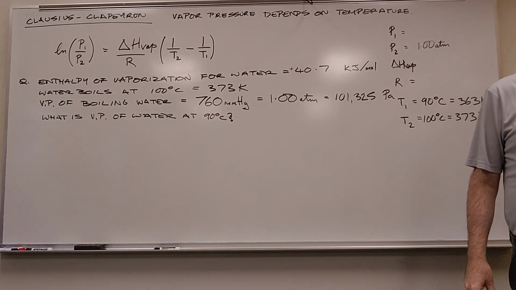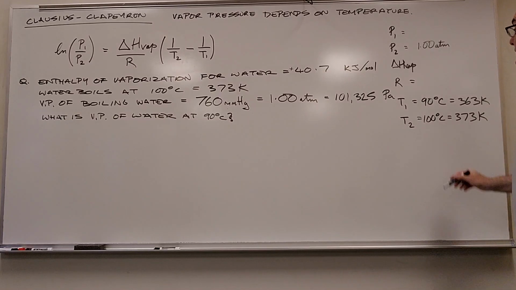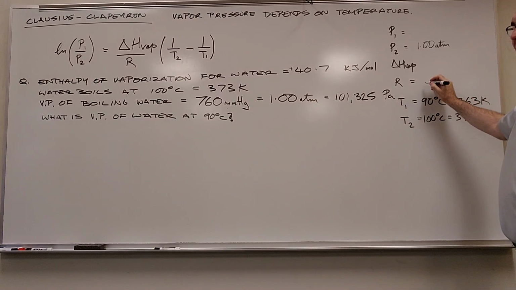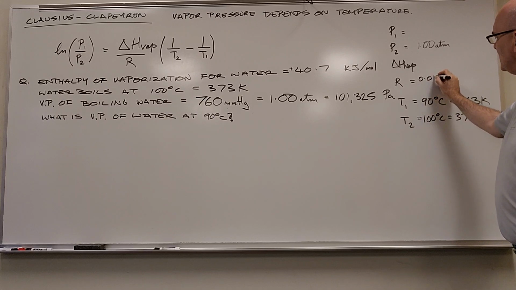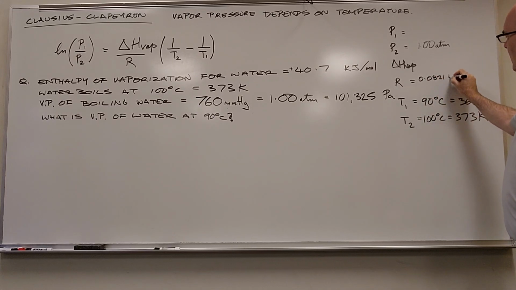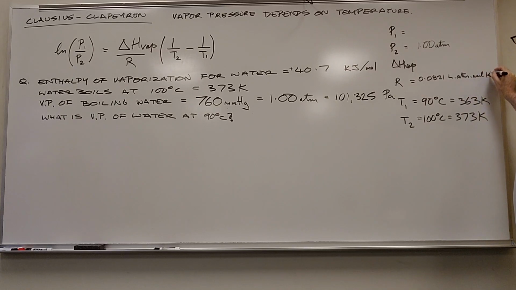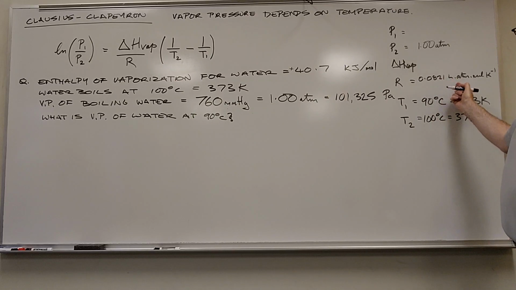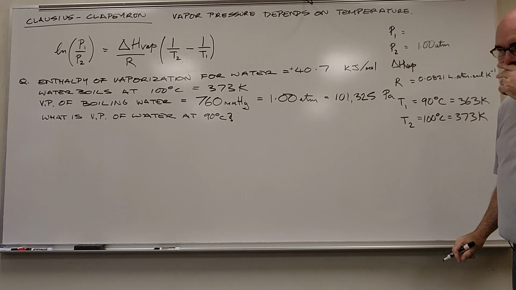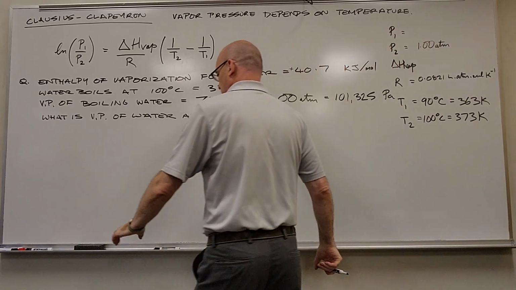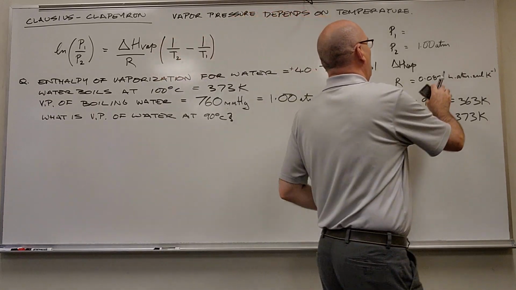Yeah, so now we have, is this a 0.0821 liter atmospheres per mole per Kelvin? No. How do we know it's not? Because there's no volume. I've got no liters to cancel out. So it's not that form of R. It's the other form. It's the 8.3144.